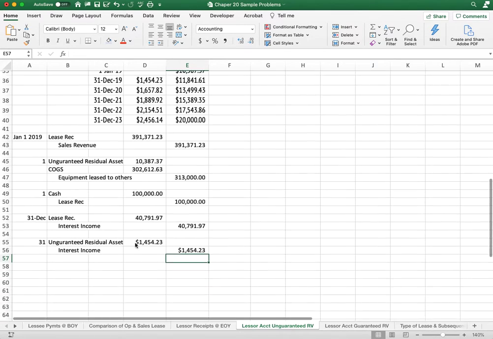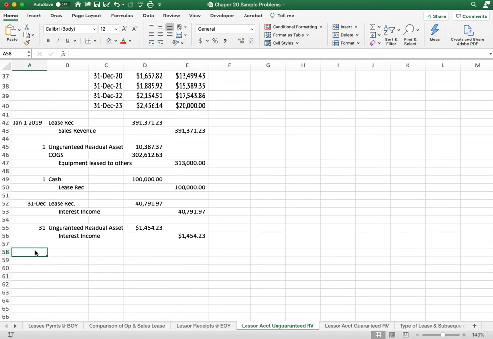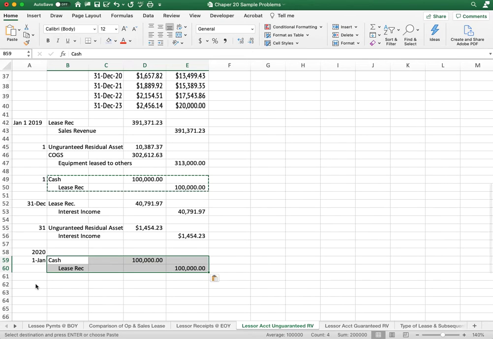Then for 2020, on January 1, we're again receiving this cash payment, so we can just copy this down. And then on December 31st, we're going to have the same lease receivable and the unguaranteed residual asset transactions.